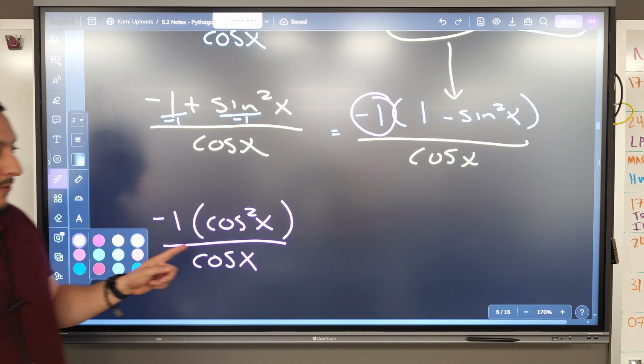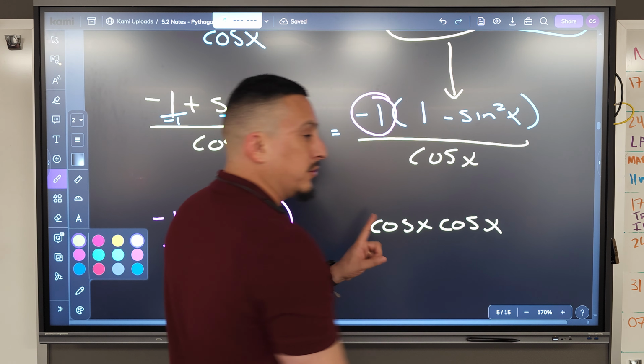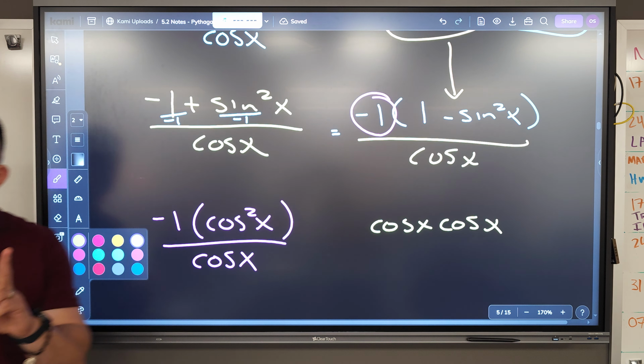Remember, cosine squared x means cosine x, cosine x. It's two of them, right? So this one can cancel with one of the two. So I can take the 2 away because it cancels with one of the two. And so all that's left here is that -1 I took out cosine x.